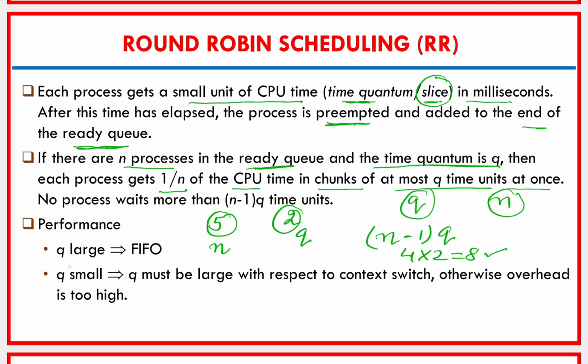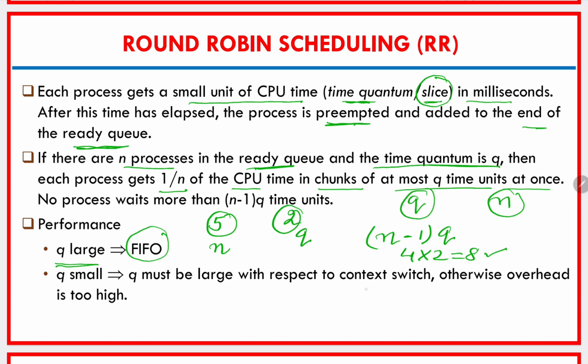Secondly, there are a few issues also, and one of the issues is that we have to set the time quantum keeping certain aspects into consideration, because if the time quantum is set too large, in that case this round robin scheduling will behave just like FIFO, that is first in first out scheduling algorithm.